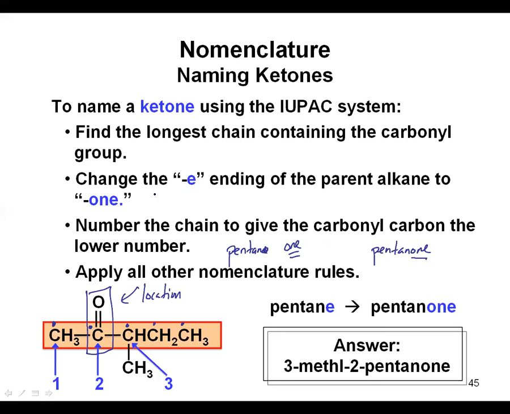So obviously going right to left, like they did here, would give us a 2 for that. If we went the other way, 1, 2, 3, 4, it would be three. So if we put all that together, that gets us 3-methyl 2-pentanone as the correct name here for that guy. Any questions on the ketone name?